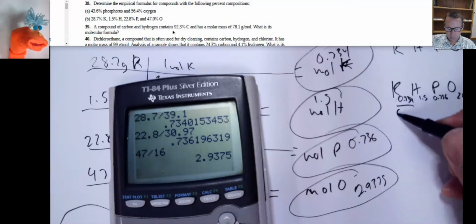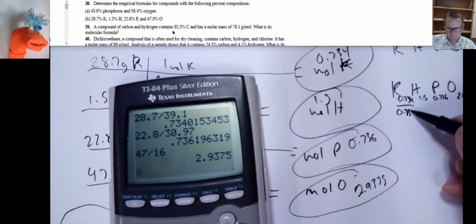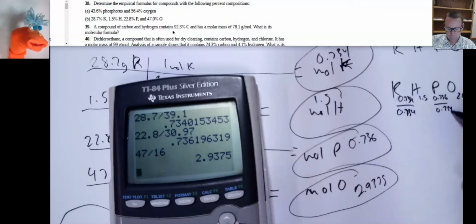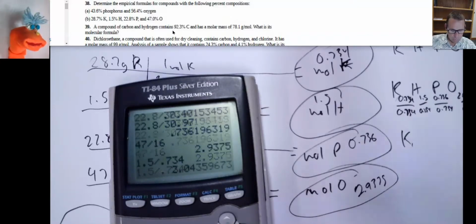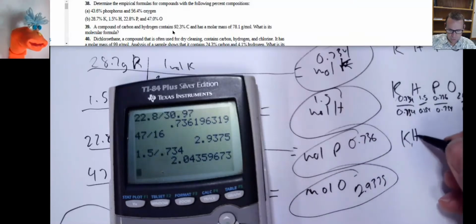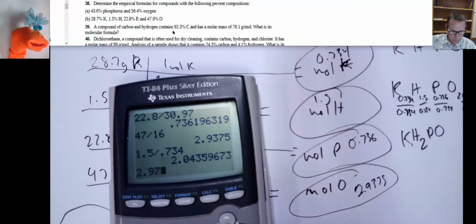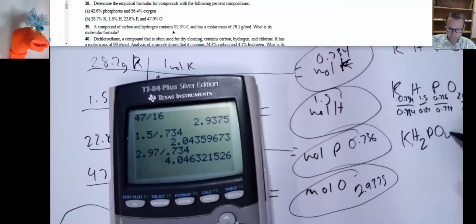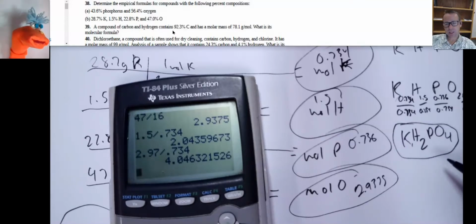It looks like if we divide all of them by 0.734, because that's the lowest number, right, phosphorus will be 1. 1.5 divided by 0.734 is 2, so H2, P, and oxygen, 2.97 divided by 0.734 is 4. There it is. KH2PO4. That is potassium dihydrogen phosphate.